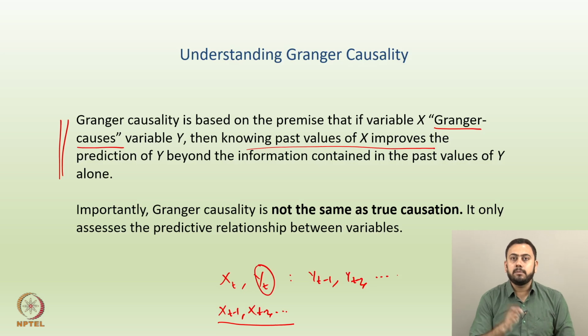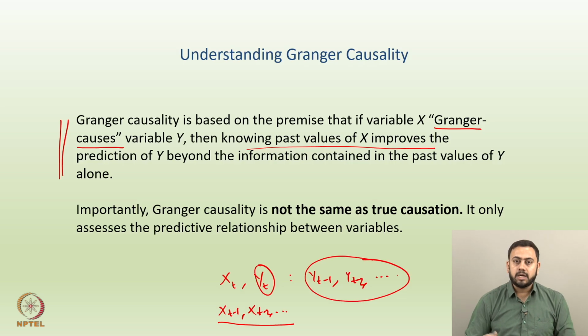So xt is the independent variable and yt is the response, and the goal in regression is to predict y. Similarly here, if there exists some Granger causality between xt and yt, then using the past values of xt improves the prediction of y beyond any of the information found in the past values of y itself.